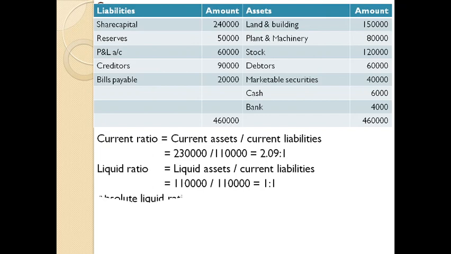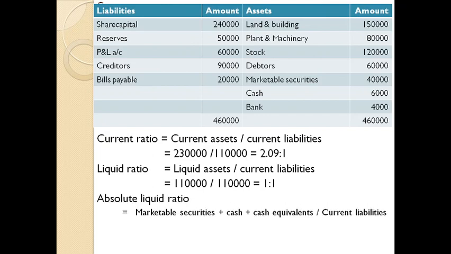And finally, absolute liquid ratio, its equation is marketable securities plus cash or cash in hand plus cash equivalents divided by current liabilities. Here marketable securities can be otherwise known as cash equivalents.